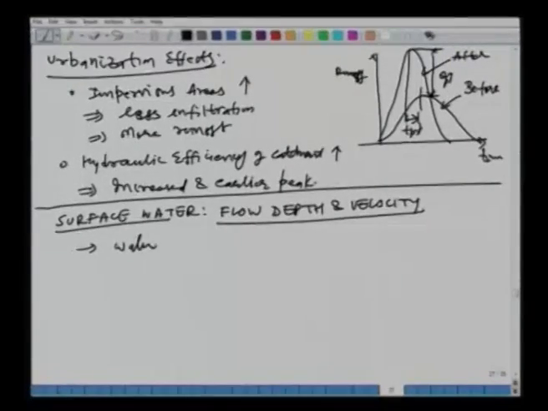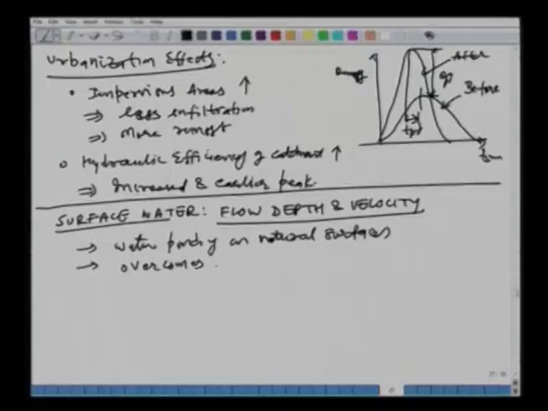So, you have initially the water ponding on the natural surfaces as the rain is falling. Then what happens is, this ponded water overcomes the surface tension forces, or the surface retention forces, and begins to move.